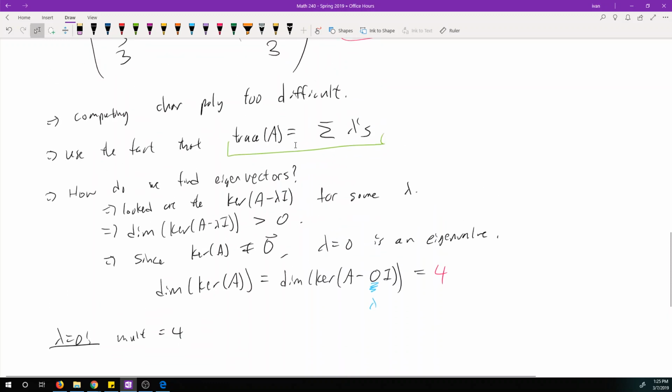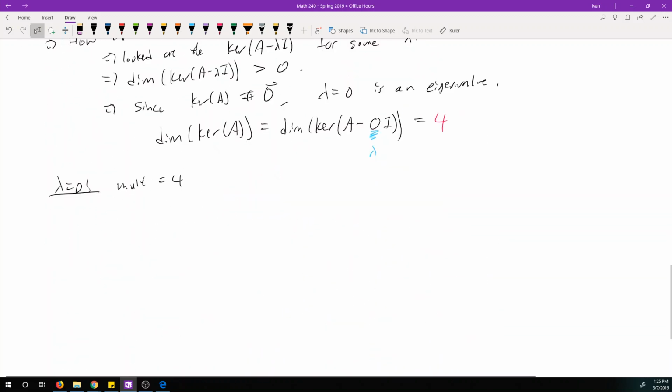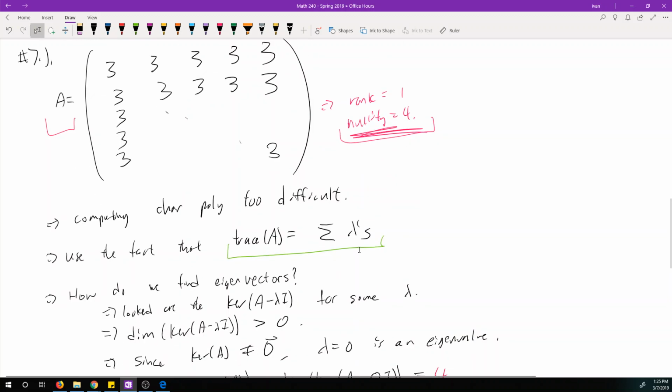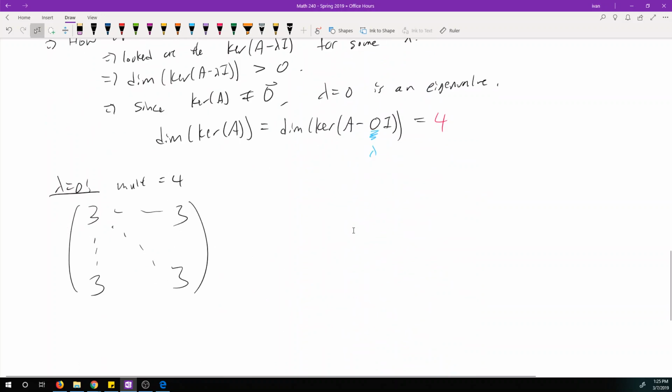And now lambda equals 0 returns me just the same matrix, with all 3's everywhere. So how many linearly independent eigenvectors do I need to find here for lambda equals 0? 4 of them, right? So the dimension of the kernel of A minus 0I is equal to 4.